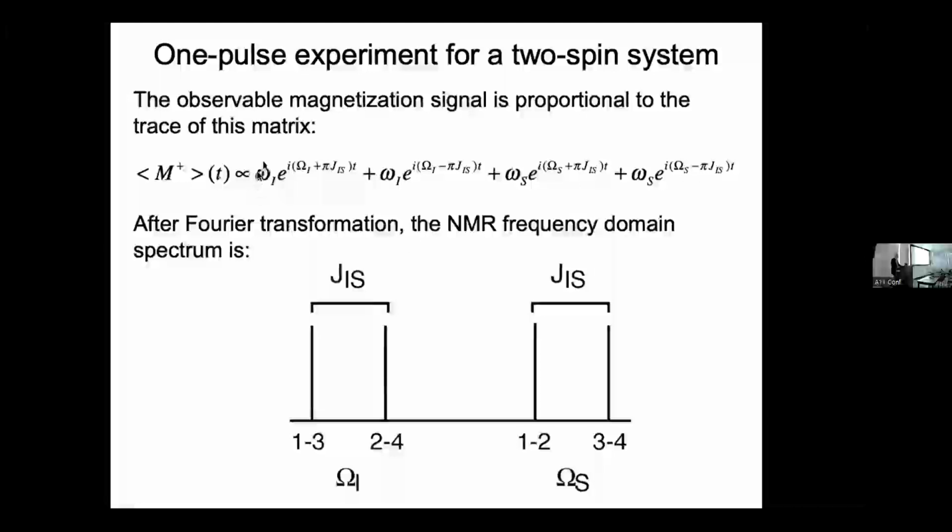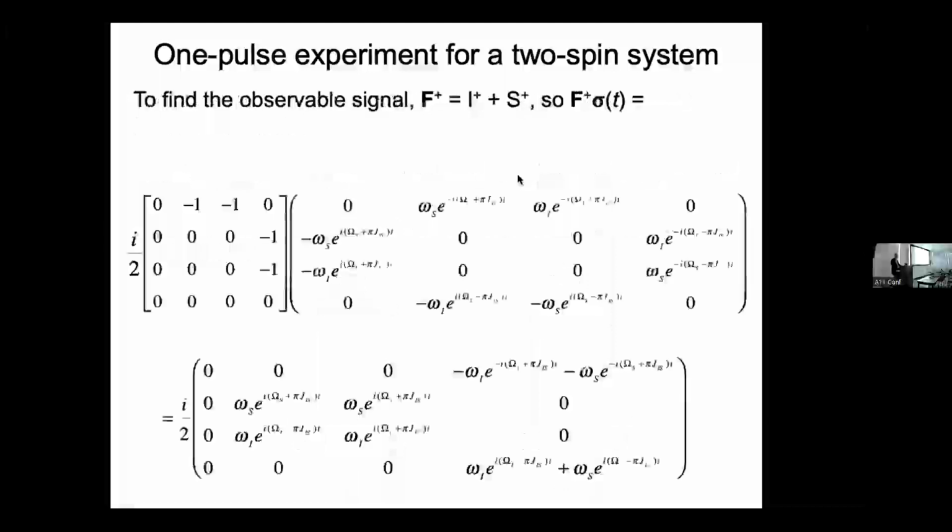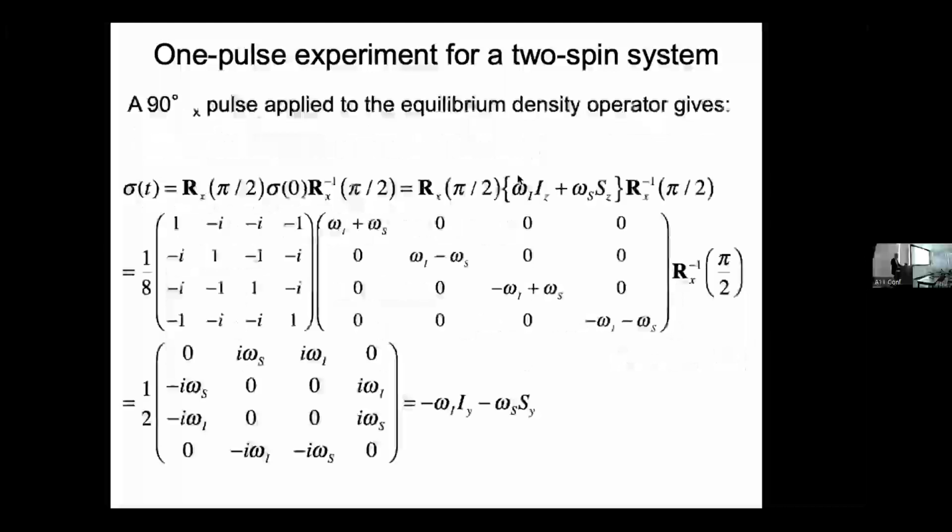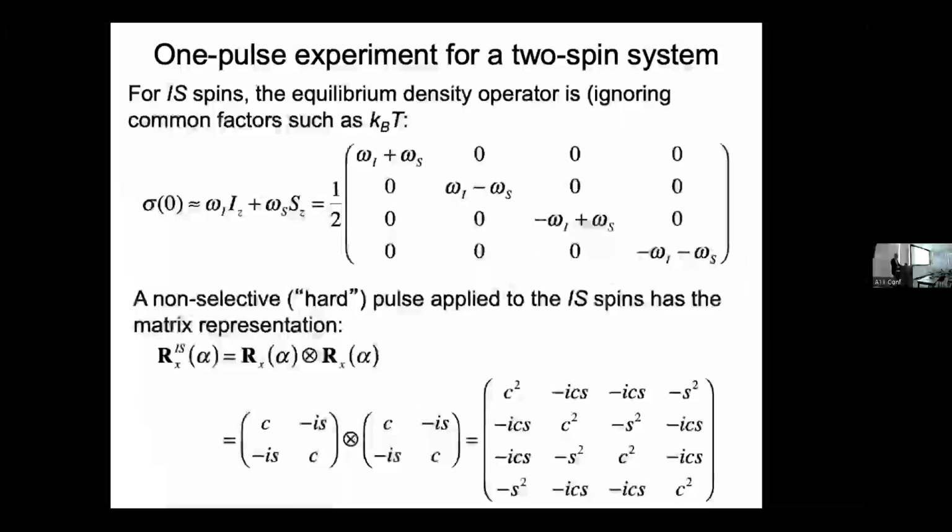The omegas here, omega I and omega S, back in the beginning of this calculation, I chose the starting density operator to be omega I times Iz plus omega S times Sz.